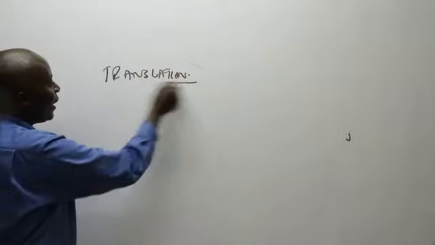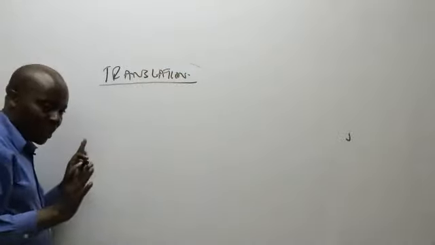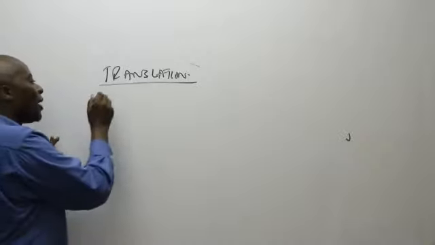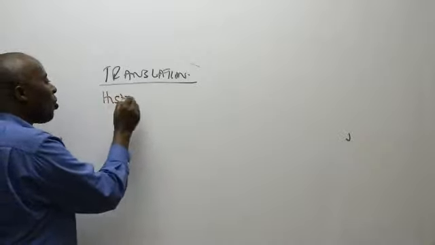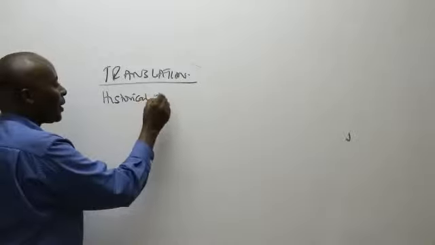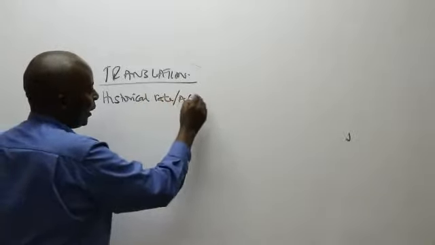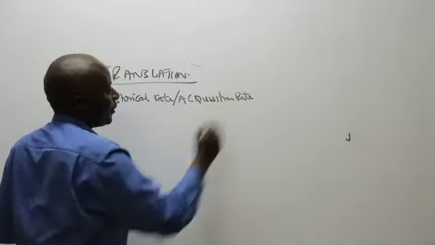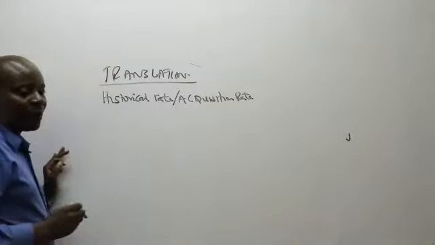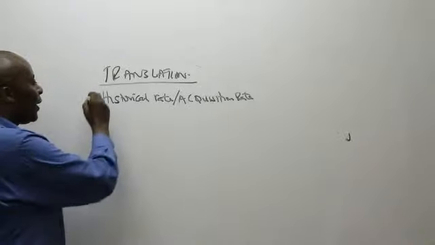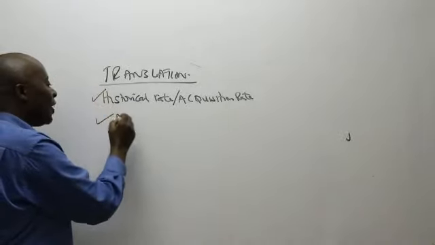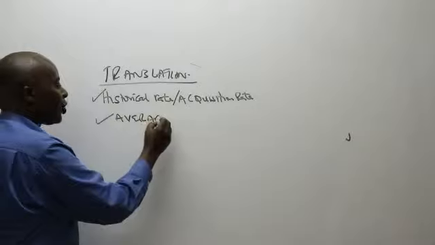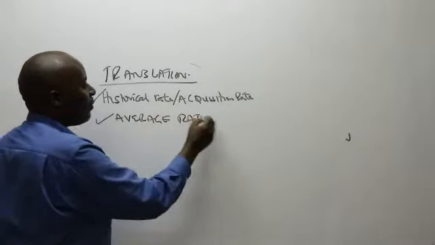you will be given three rates. In most cases, you will be given what we call the historical rate. At times we get some books calling it the acquisition rate, exchange rate. You'll be given the average rate.